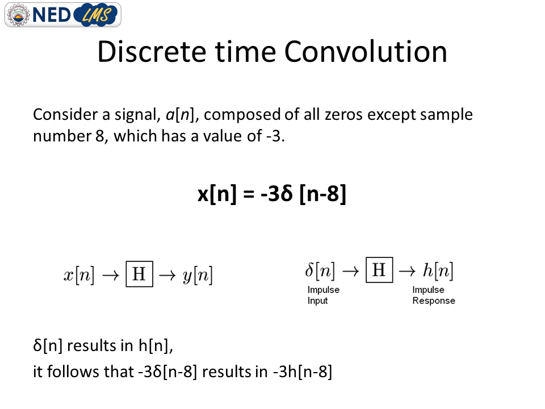So if delta of n results in h of n, meaning impulse results in impulse response, then -3 delta of n minus 8 results in -3 h of n minus 8. In other words, the output is a version of the impulse response that has been shifted and scaled by the same amount as the delta function on the input. So if you know a system's impulse response, you will immediately know how it will react to any impulse.